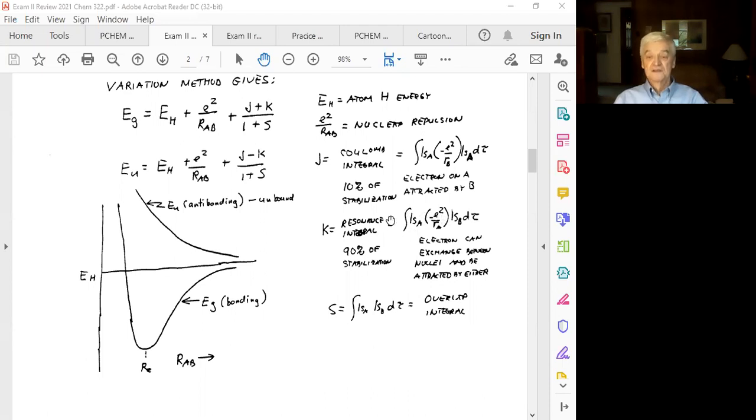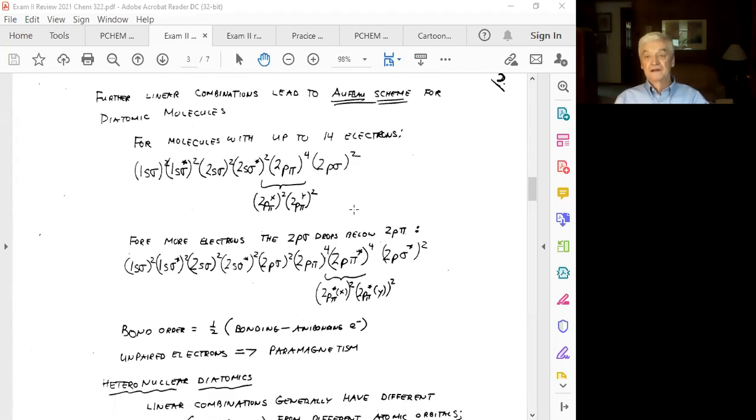So this gives us about 90% of the stabilization. The J Coulomb integral helps a little bit, 10%, and basically indicates the electron is on one of the nuclei. First integral here, it would be on nucleus A, but then it's attracted by the other nucleus. But mathematically and physically, this is not as significant to create bonding as the K integral.